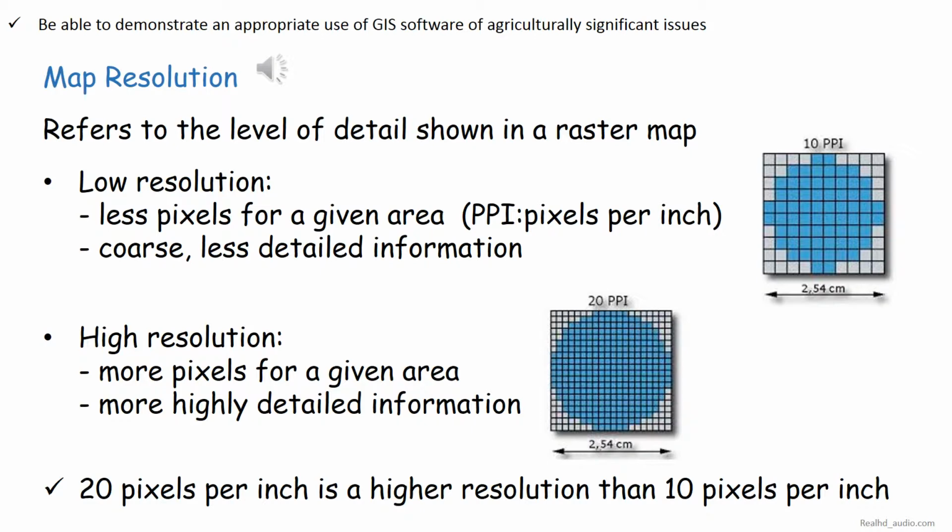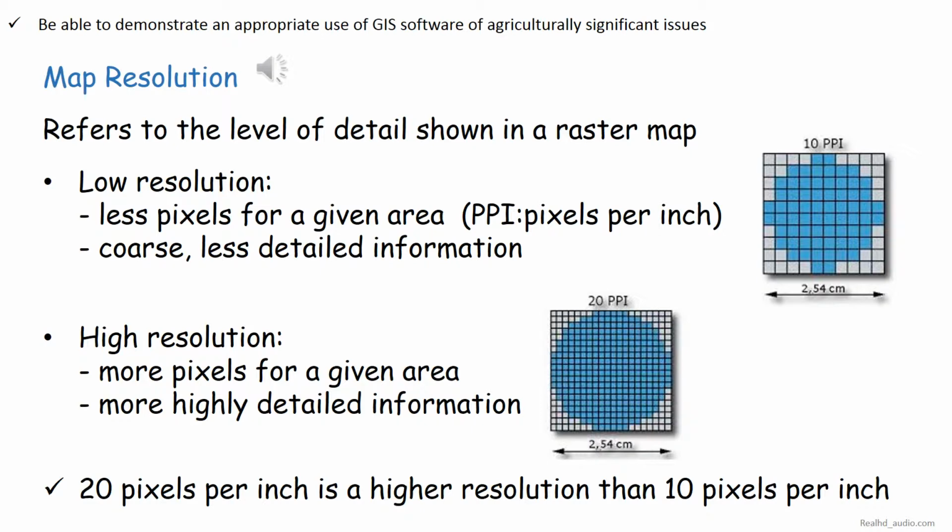So what we say about pixel size is that where you have a large pixel size, you have a low resolution because you have less detail. The information is coarse and blocky. Where you have a smaller pixel size in comparison, you have a higher resolution raster.